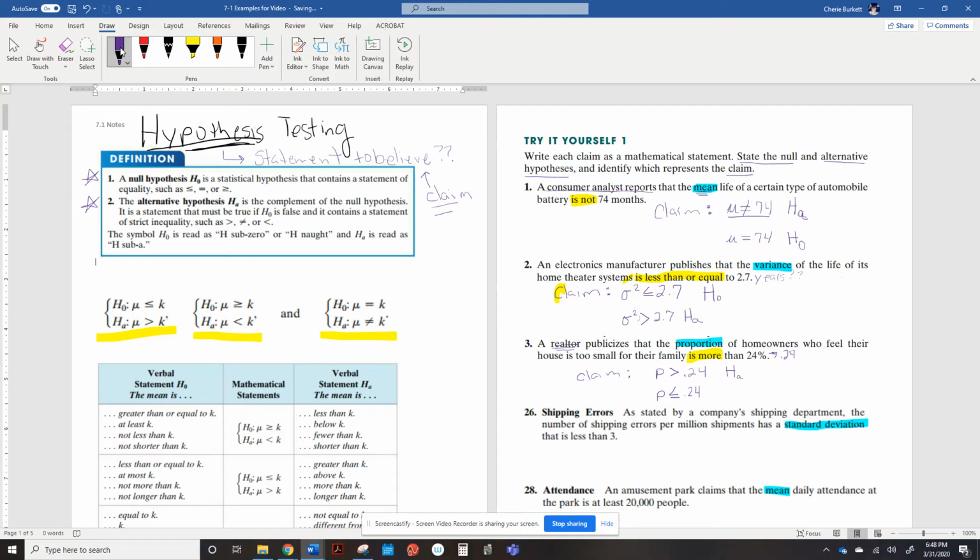This one did not have a bar underneath it because it didn't say anything about equality, so that one will contain the equality. There will be equality on every single one of these. Since this is the alternative hypothesis because it did not contain equality, this one will contain equality, so it will be my null hypothesis.